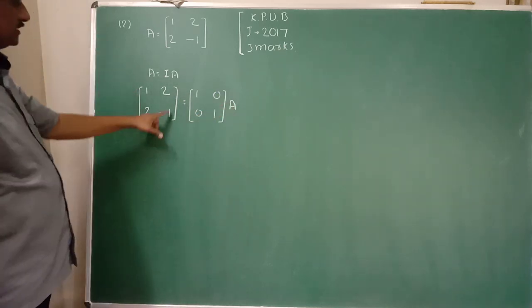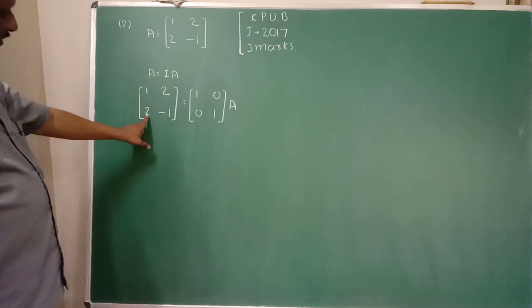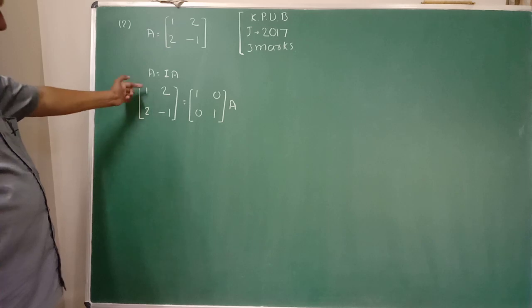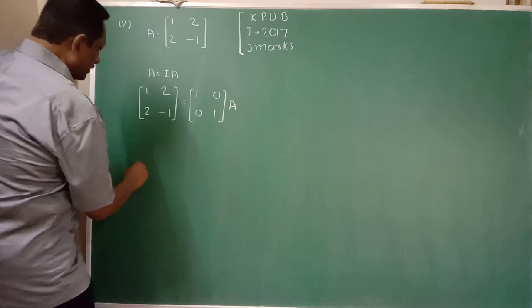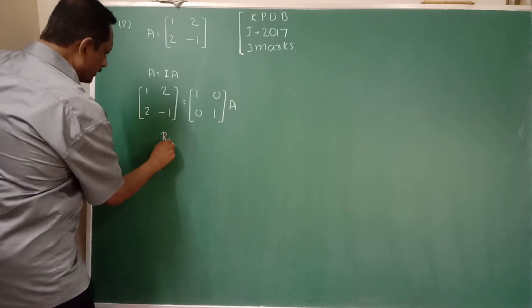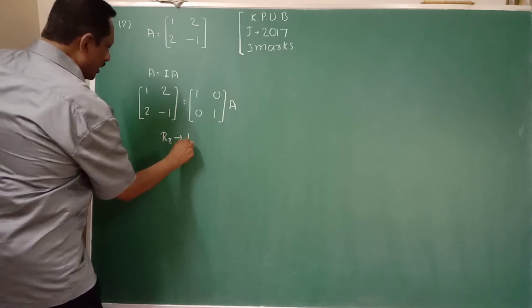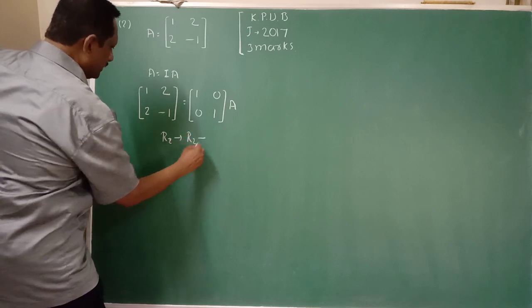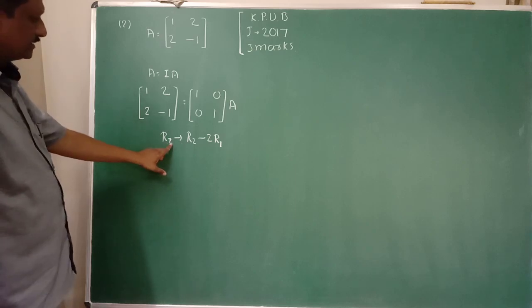Now you bring this matrix to an identity matrix. Here we want a 0, so multiply by 2 and subtract, just like the previous example. Therefore R2 gives R2 minus 2 into R1. The second row changes.